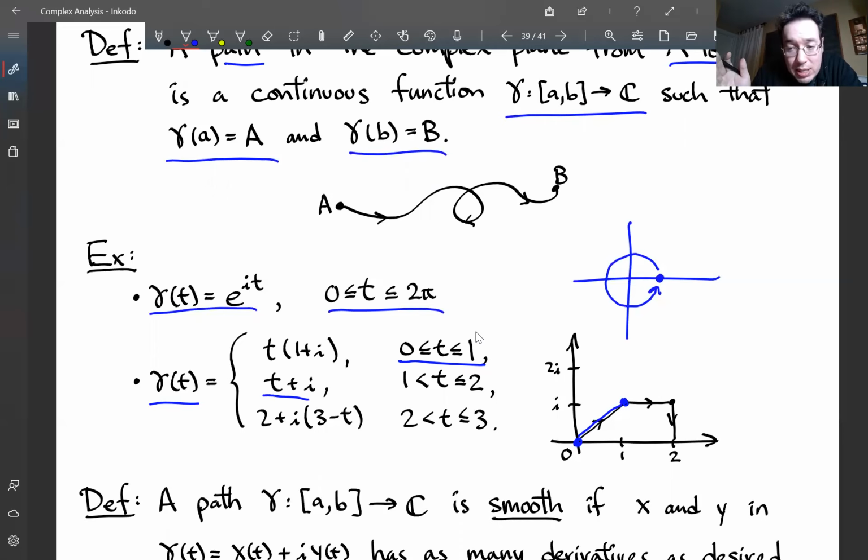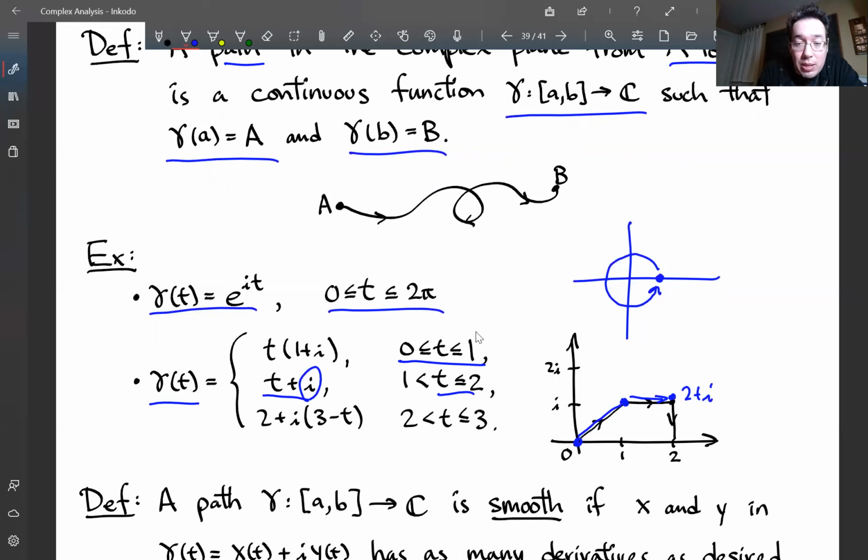So when t is exactly equal to 1, it's still at 1 plus i. If you plug in 1 here, we're going to get 1 plus i. But as t increases towards 2, the imaginary part is fixed at i, and the real part increases up to 2. So now it gets to 2 plus i when t is equal to 2.